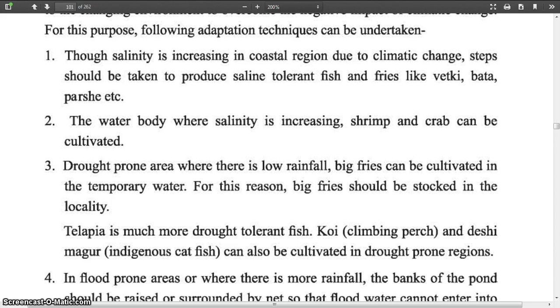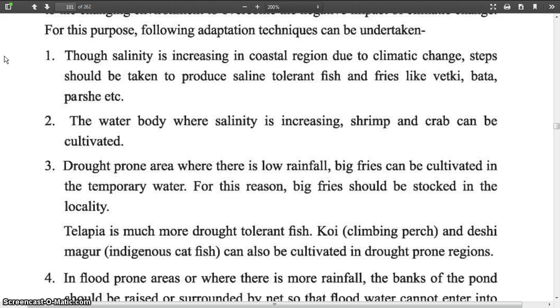Number 3, the third technique is, in drought prone area where there is low rainfall, big fries can be cultivated in the temporary water. For this region, big fries should be stocked in the locality. There are drought prone areas in Bangladesh.